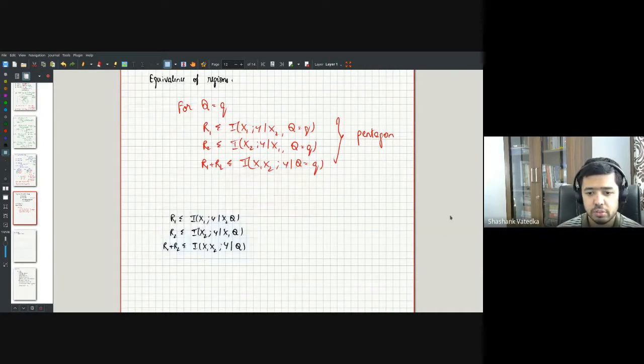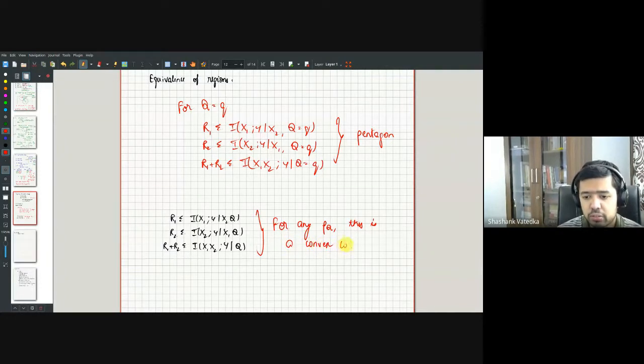So this essentially corresponds to, for any PQ, a convex combination of pentagons.